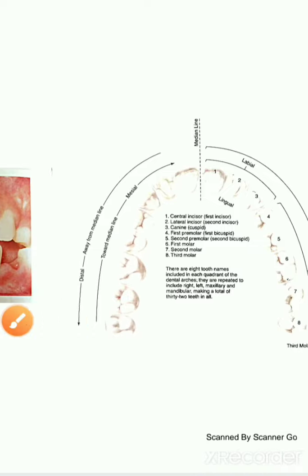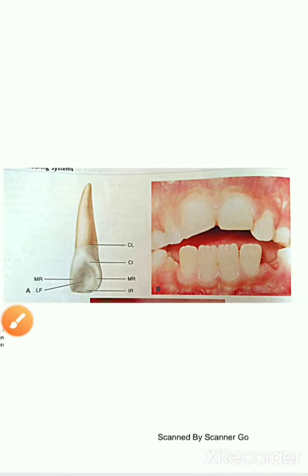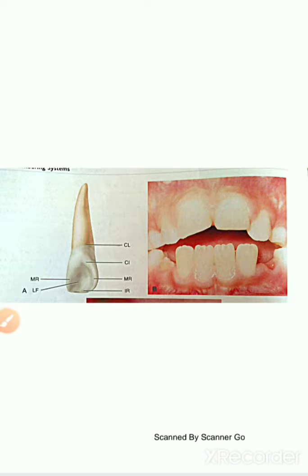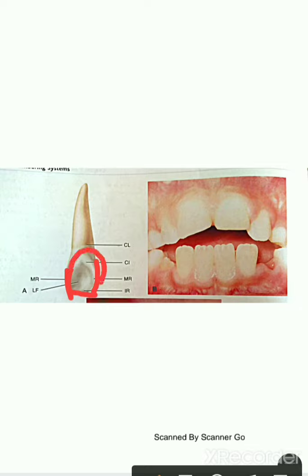We also have mamelons, these depressions or mamelons. We have the marginal ridges, the incisal ridge, the cingulum, and the fossa. These are the basic parts of a tooth on the lingual surface.